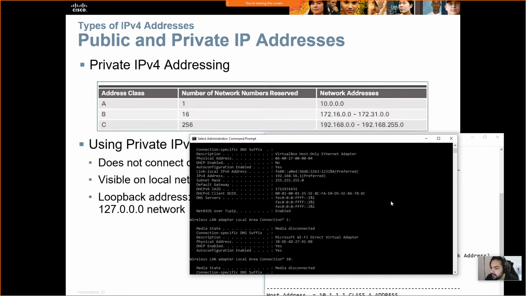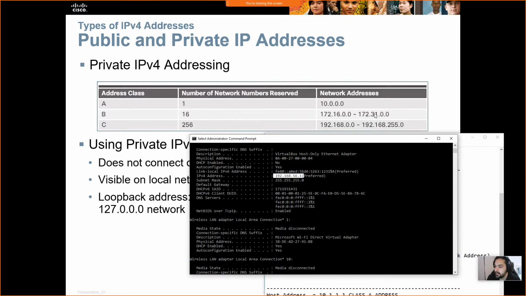Let's get another one here. This one, another one which is easier for you guys. 192.168.56.1. Which address is this? Class C. This is class C. It's 192.168, and it falls within this range of addresses. This is a private address.